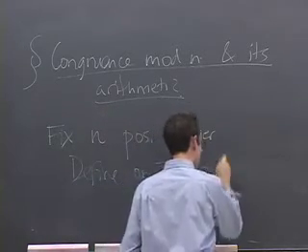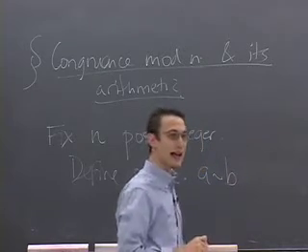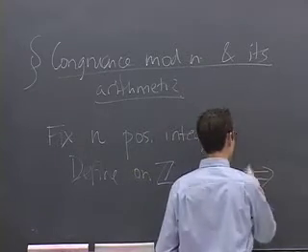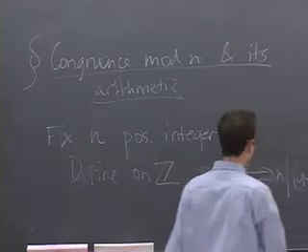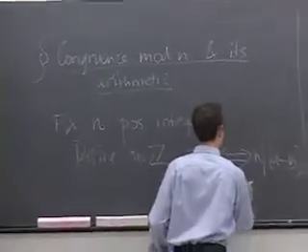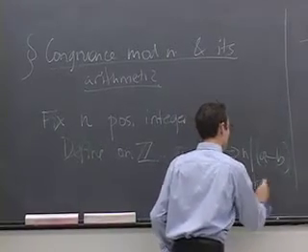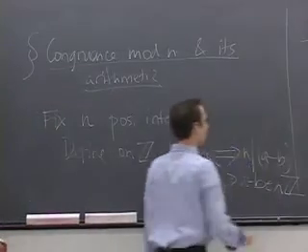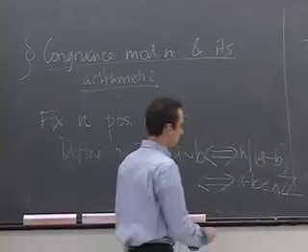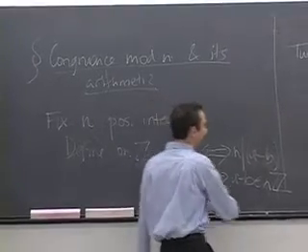So the relation is going to be a is related to b if and only if n divides a minus b. Or put another way, a minus b is in nZ, the subgroup nZ of the integers, which is just the set of multiples of n.